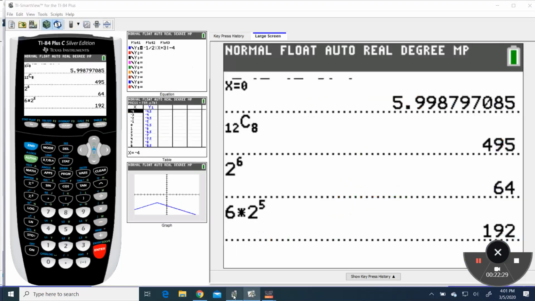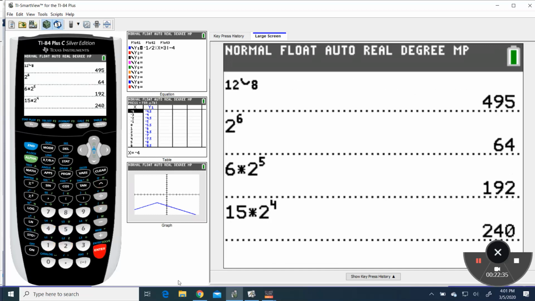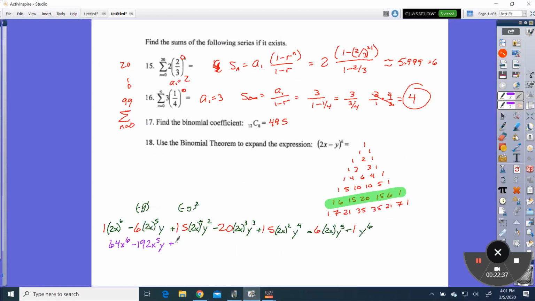Plus 15 times 2 to the 4th, so that's 240, x to the 4th y squared. 20 times 2 cubed: 2 cubed is 8, times 20 is negative 160. 2 squared is 4 times 15 is 60.